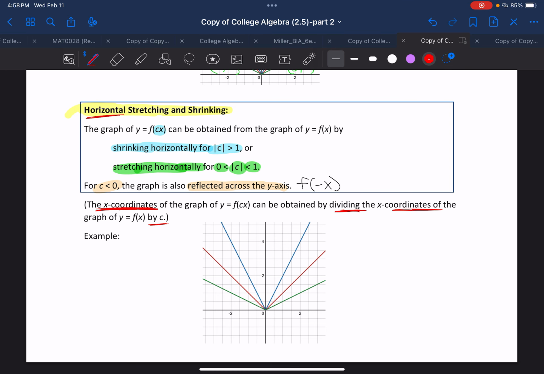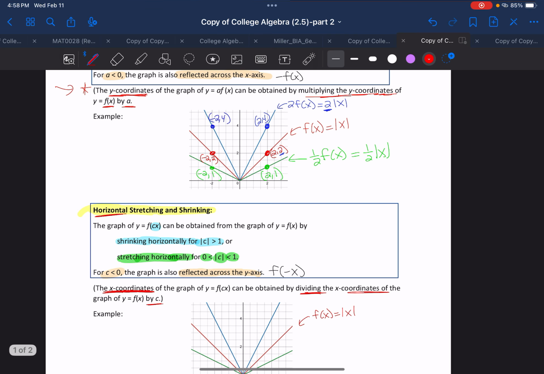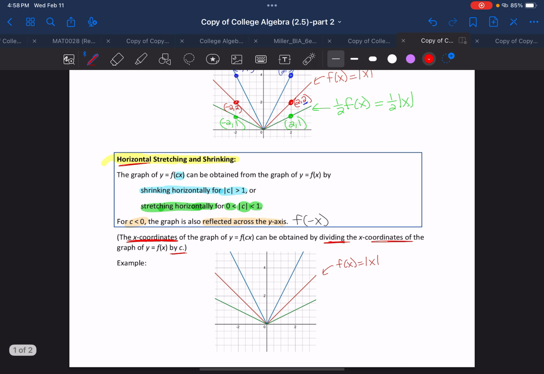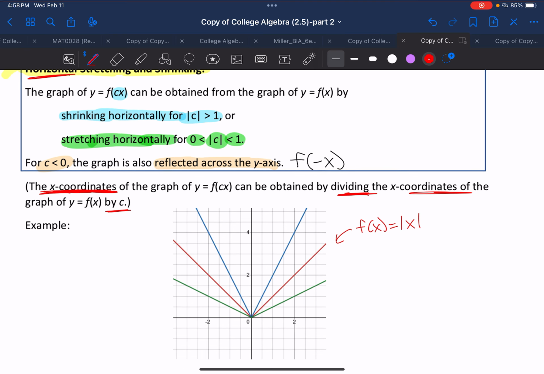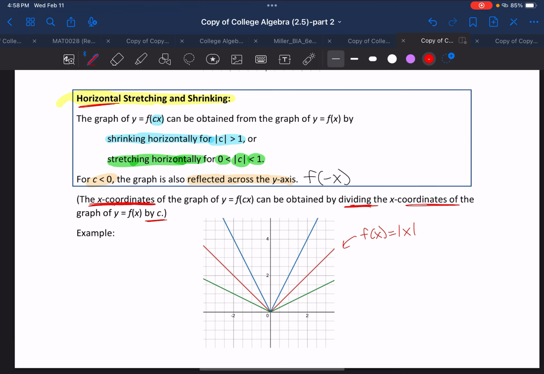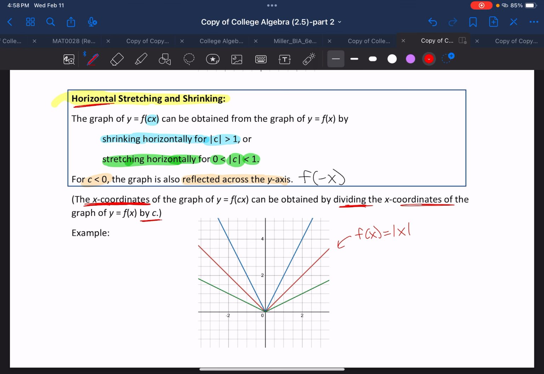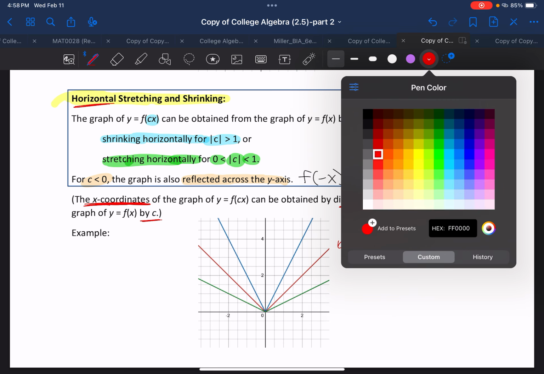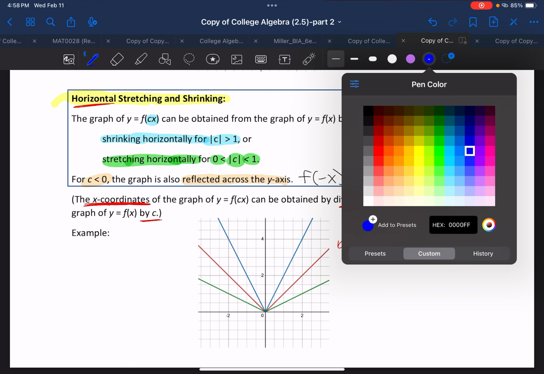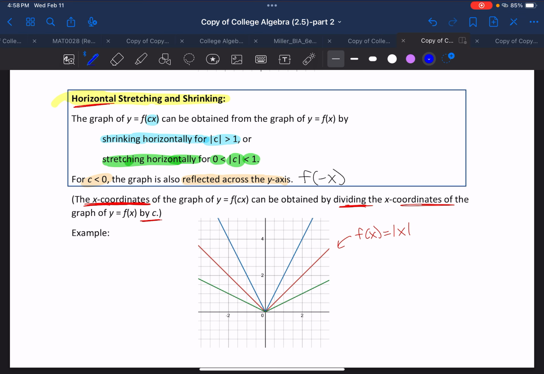So in this example, my base graph here again is the absolute value of x. And these actually look exactly the same. But I still use this example to show you how this works. And the blue graph, this is an example of shrinking it horizontally.